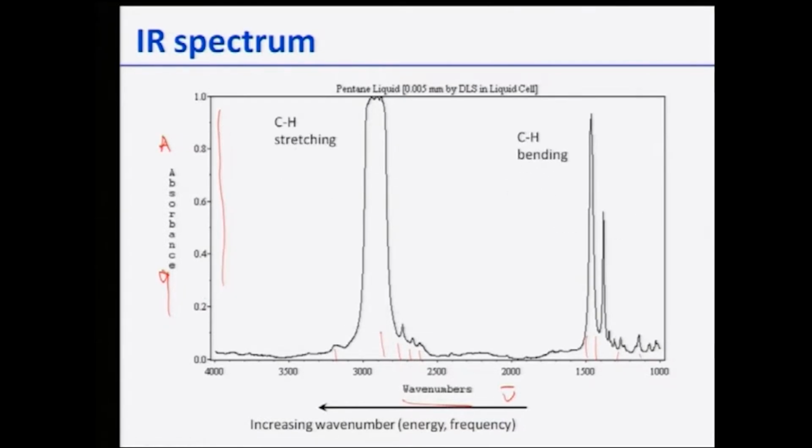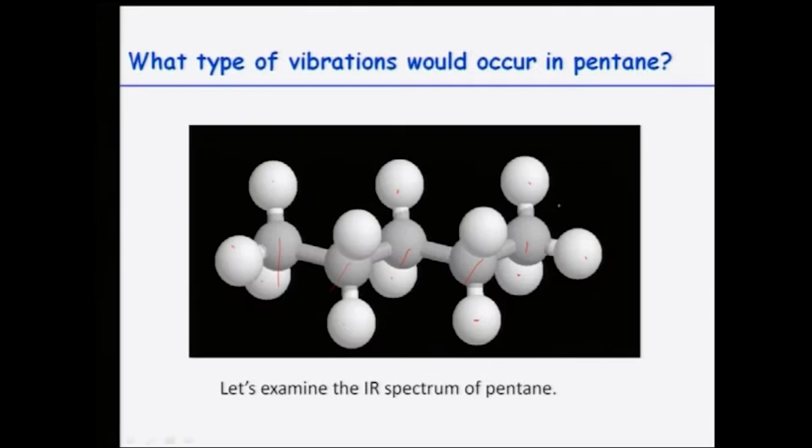This is CH stretching, and this is CH bending. To separate things, as you have seen here, I like to go back: we have carbon, this is hydrogen, this is carbon, this is a carbon hydrogen bond, and this is a carbon carbon bond. That is the overall picture in a pentane molecule.